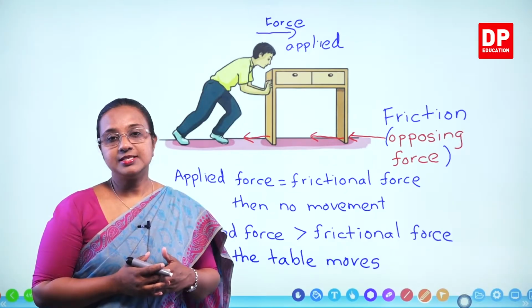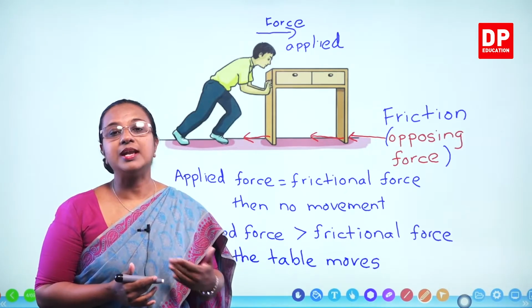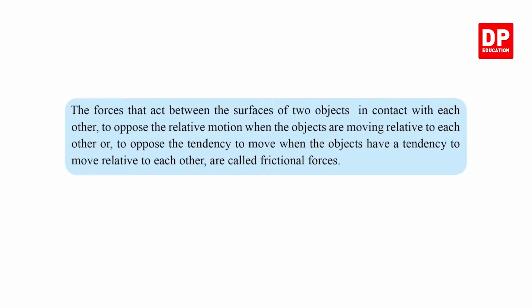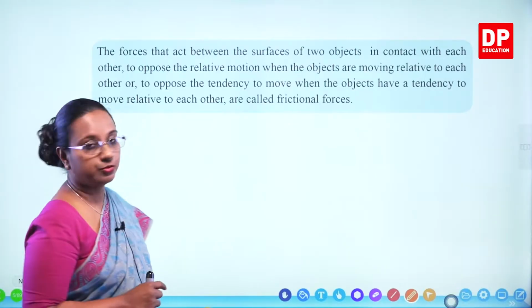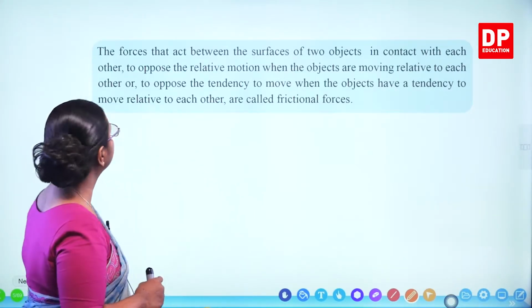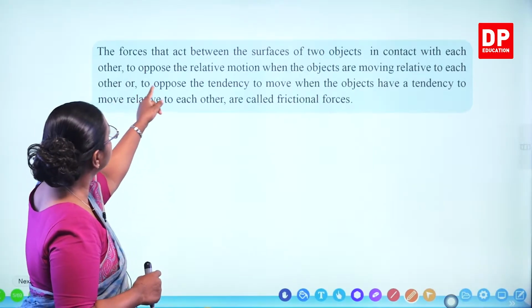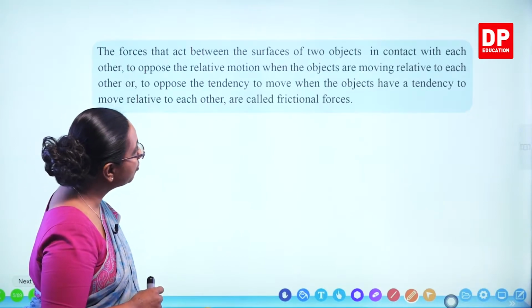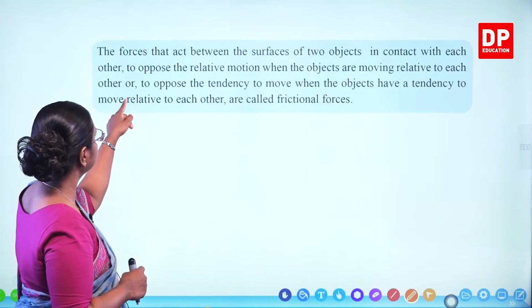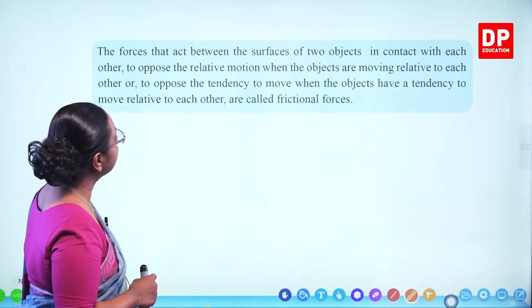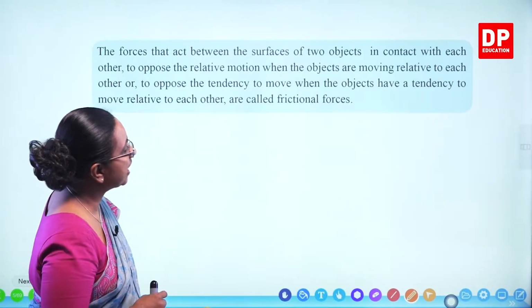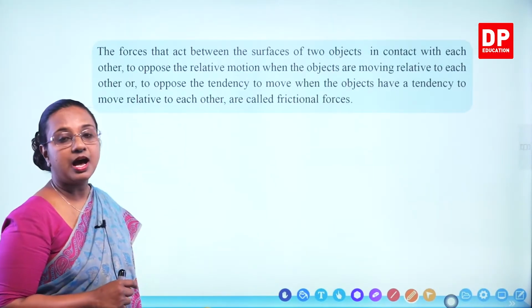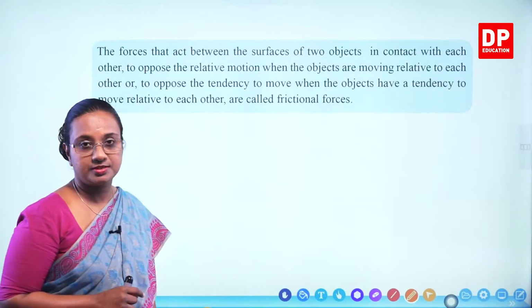So, based on this, let us now define what frictional force is. The forces that act between the surfaces of two objects in contact with each other to oppose the relative motion when the objects are moving relative to each other, or to oppose the tendency to move when the objects have a tendency to move relative to each other, are called frictional forces.